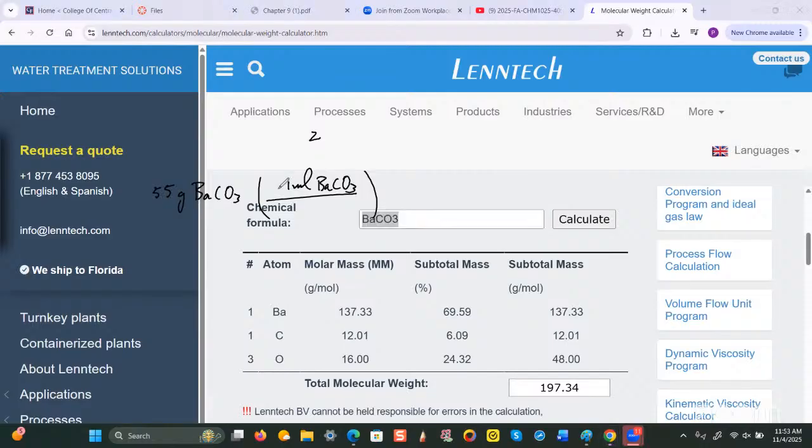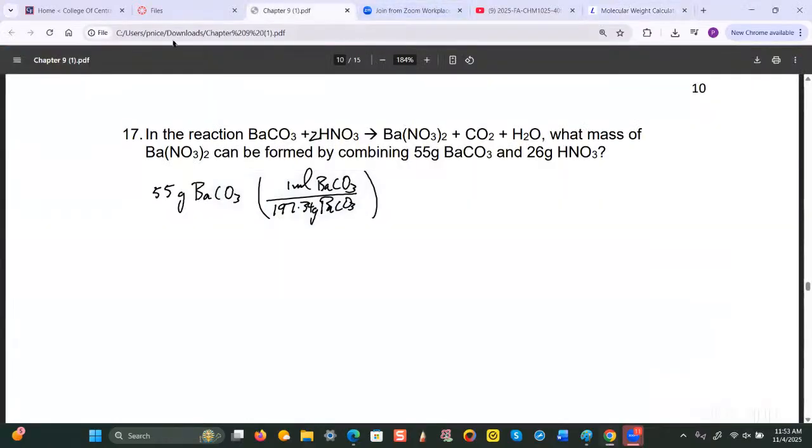So that goes here, 197.34 grams of barium carbonate. Okay, and oh, let me pause a second. What do I do with this next? What's the next step?